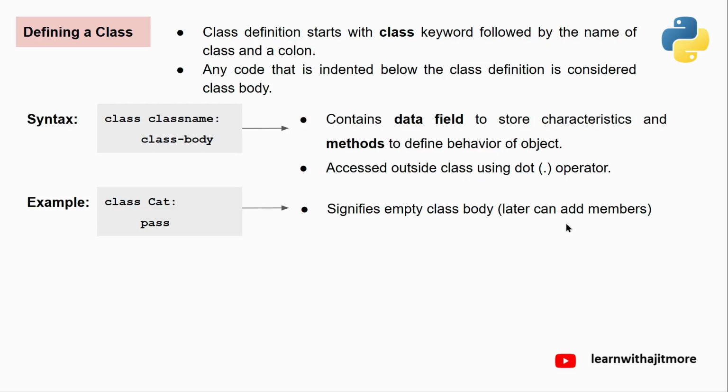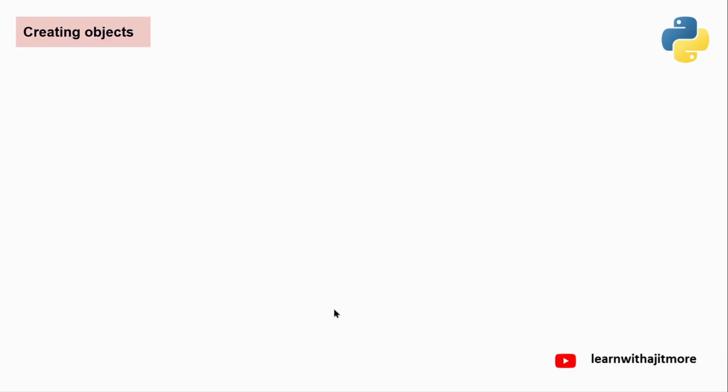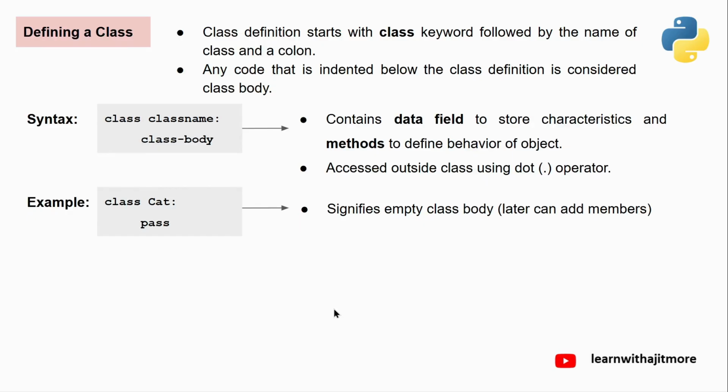But later you can add members in it. Members means data and methods. Now, once the class is created, the next step is creating objects of it, isn't it, guys?